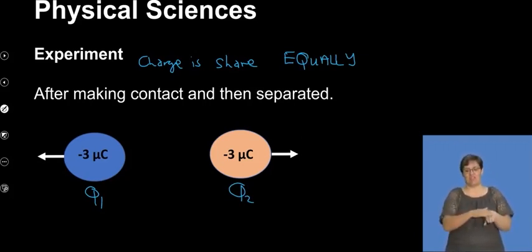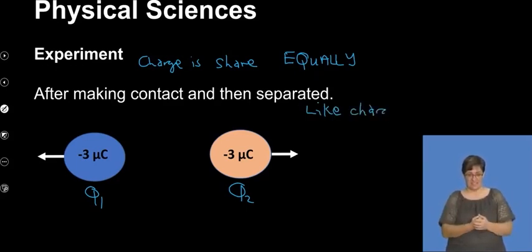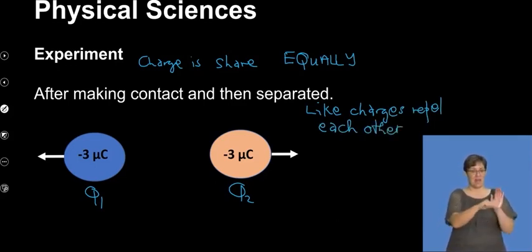They're identical in every sense of the word in terms of the quantity of charge that each one of them carries. Because they are now equal in terms of charge, they are like charges. We know that like charges exert a force of what? Of repulsion on each other. Like charges repel each other. So this is what is happening now, because both of them are negatively charged.